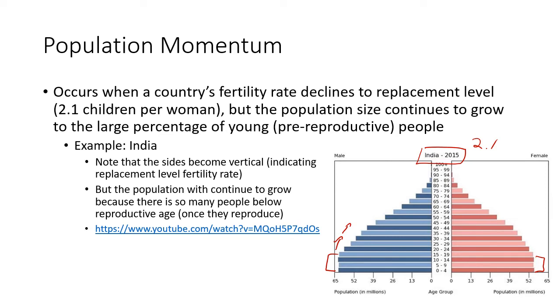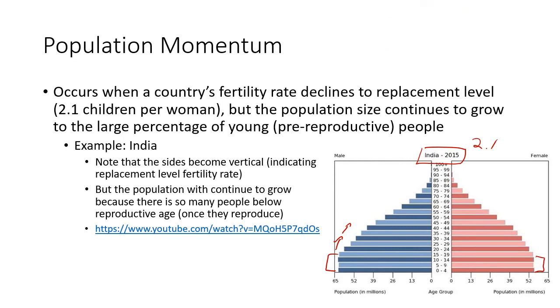And even if these kids are just going to have kids at a replacement rate value, their population is still going to grow in terms of total number of individuals. It might be that it eventually stabilizes many years down the line, but it's going to stabilize as a very large population.